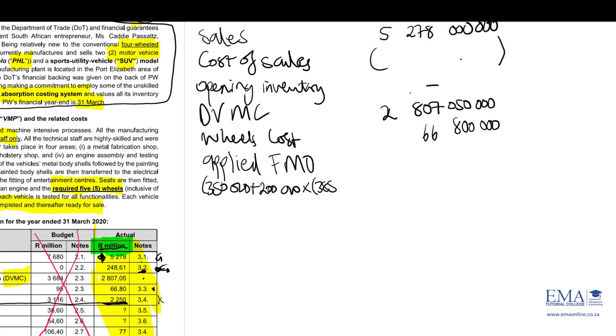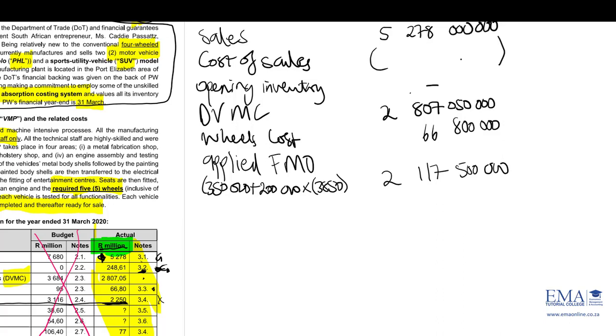By 3,850, which is the absorption rate per hour. And then the amount that we get by doing the applied overheads is 2,117,500,000. Okay, so that's the cost of applied fixed manufacturing.